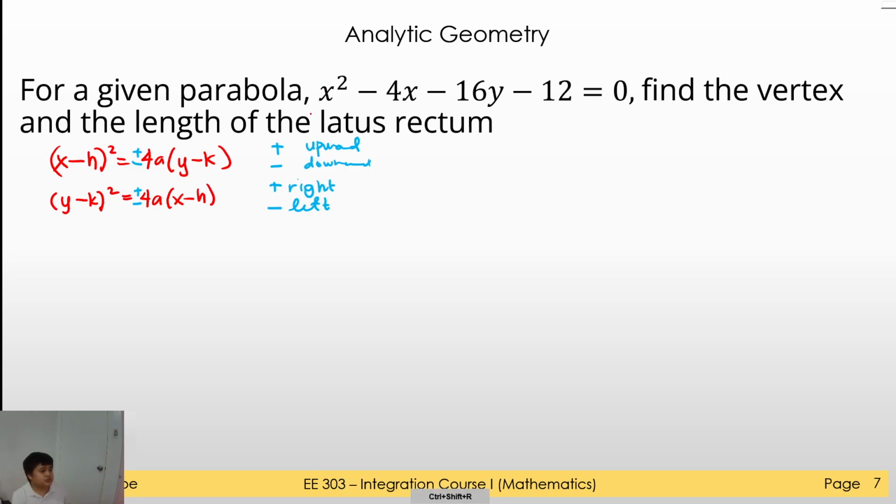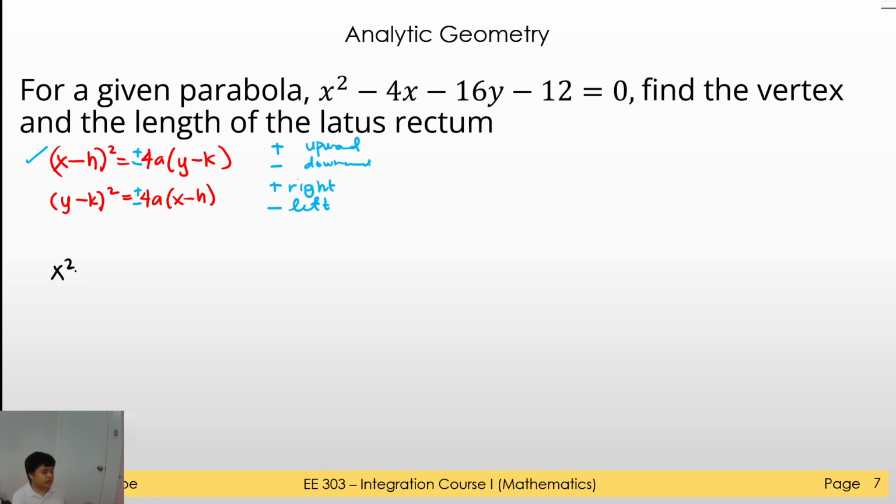Okay, so since we have here a squared x and a non-squared y, therefore this should be a vertical parabola. So we should choose this one. So what should we do here? We can transpose everything that is not x to the right, and everything that has the variable x should be on the left.